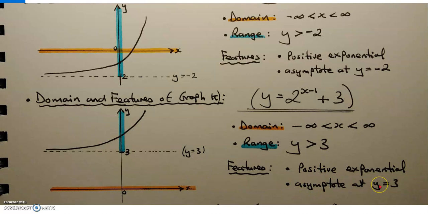Are there any asymptotes? Is it a positive hyperbola, or a positive exponential, or a negative parabola, or whatever? They are very important things to mention if you want full marks. Okay, let's look at the last one.